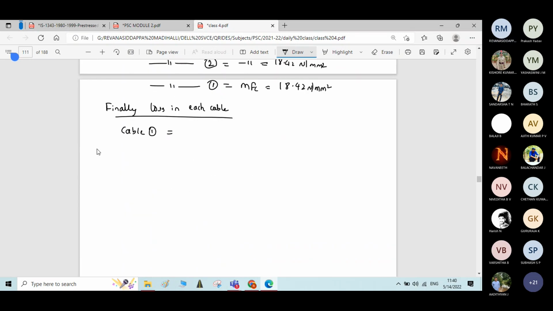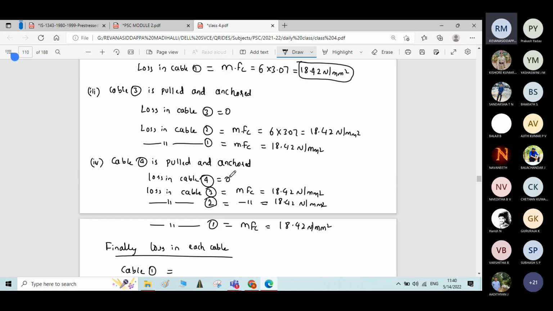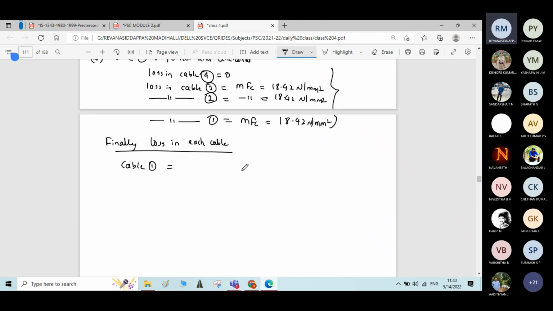Therefore, it is the sum of all these 4 values, that is 0 plus 18.42 plus 18.42 plus 18.42. The answer is 55.26 Newton per mm square.